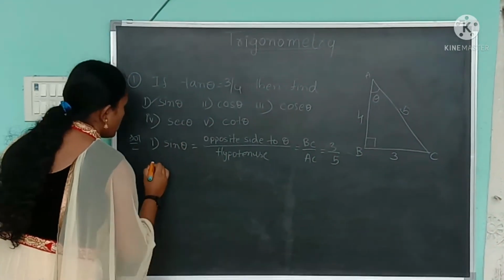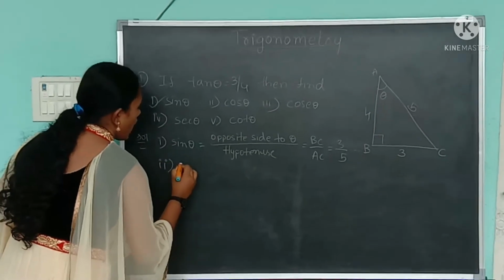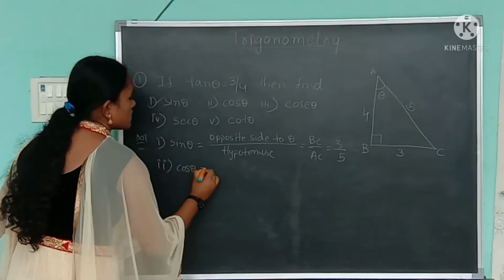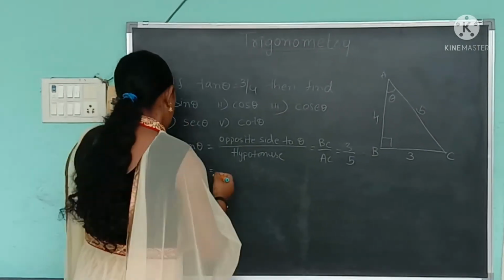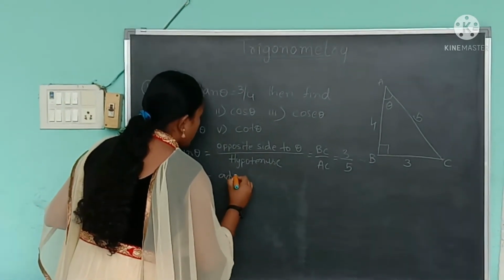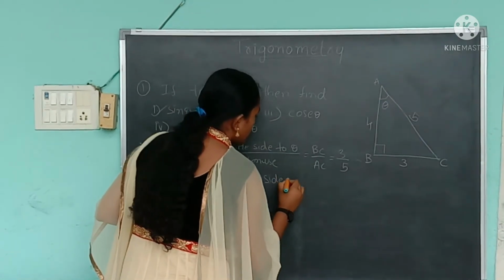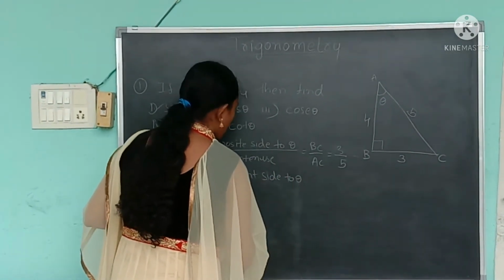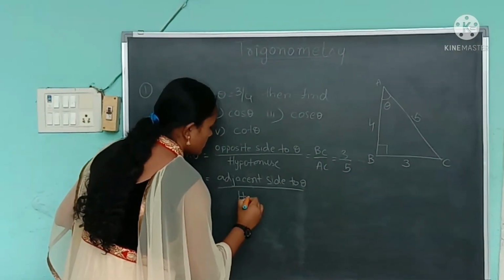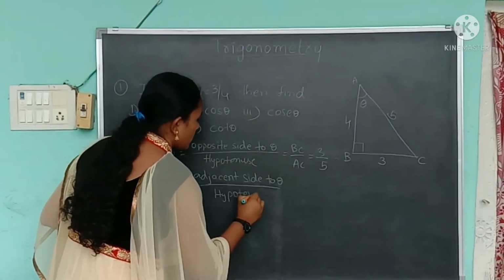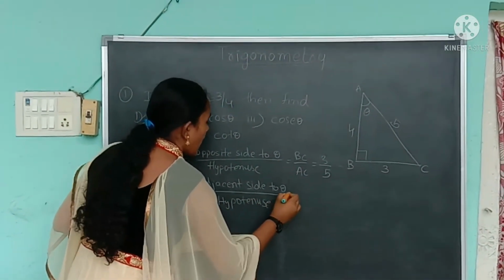And the second one, cos theta. What is the ratio of cos theta? It is the adjacent side to theta by the hypotenuse.